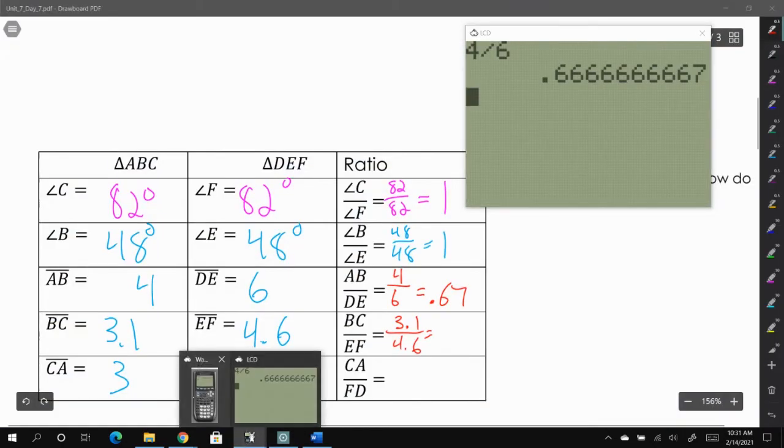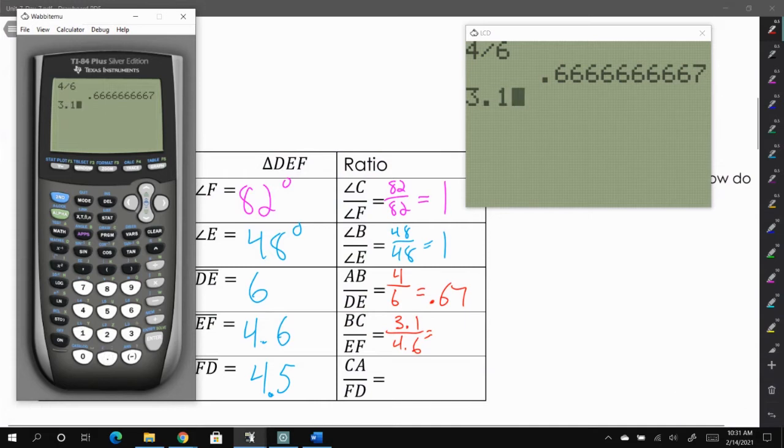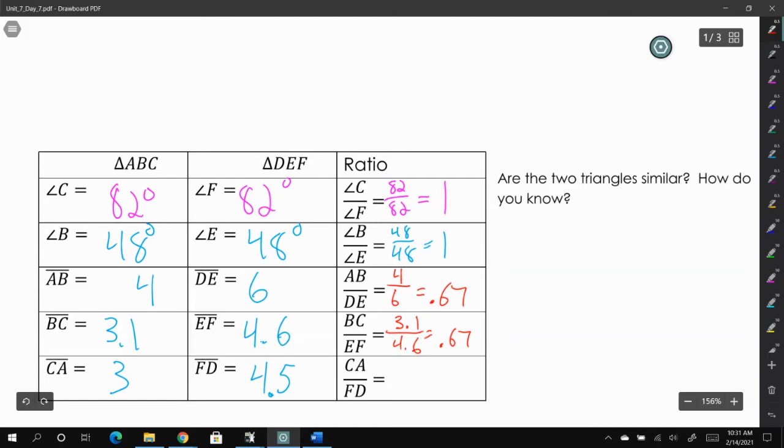Let's see what that equals. 3.1 divided by 4.6 is 0.67 as well. It wasn't exactly the same as 0.66 repeated, but it's pretty close. And again, unless your construction is absolutely perfect, you're going to be off by a little bit here and there. And then the last one, CA was 3 over 4.5, and if we typed that in the calculator, you'd also get 0.67.